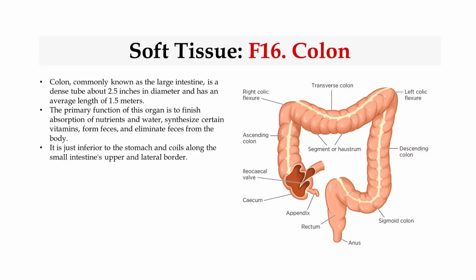It also synthesizes certain vitamins, forms feces, which is the final stool we excrete, and eliminates feces from the body, right? It is just inferior to the stomach and coils along the small intestine's upper and lateral border, right?